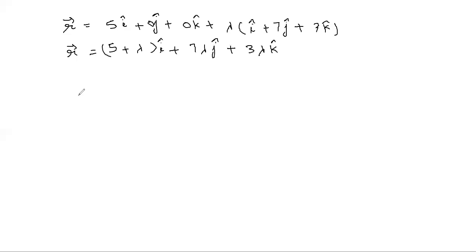We can write the Cartesian equation of this line either through this vector or directly. So the Cartesian equation of this line is x equals 5 plus lambda, y equals 7 lambda, and z equals 3 lambda.